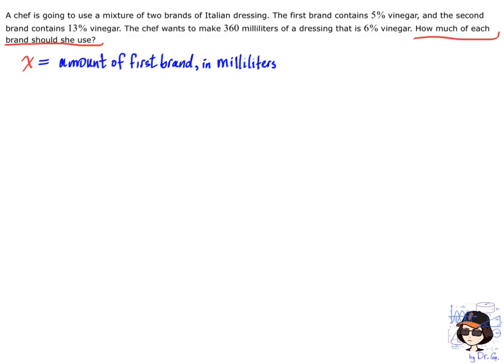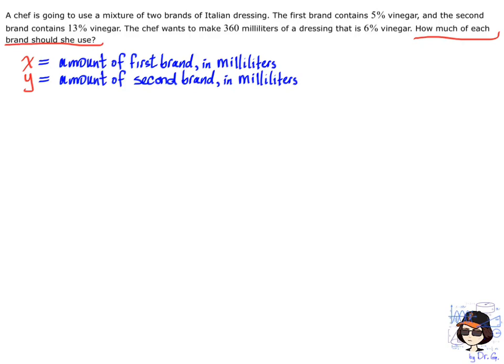That's another way to say it. But always specify what the units are, so you know you're talking about milliliters and not percents. My second variable is Y, and Y is going to stand for the amount of the second brand, also in milliliters. I could have said number of milliliters of the second brand.